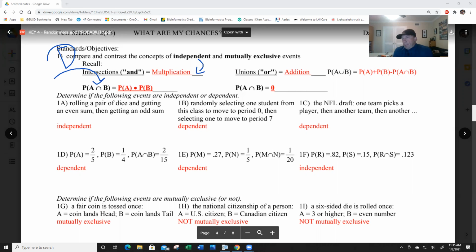So a good example of things that are independent would be rolling a dice and flipping a coin or something like that, right? So there's absolutely no impact if you roll a dice and get a 6 and flip a coin and get heads. Those aren't related at all, so they're independent.